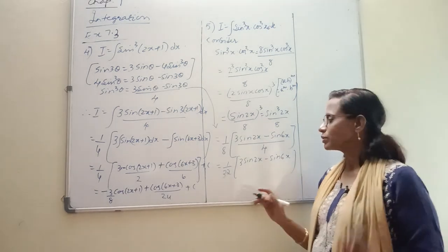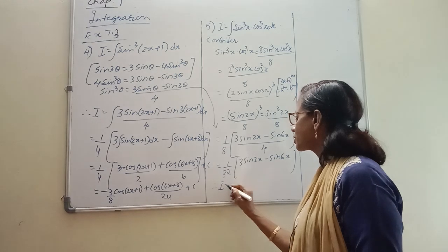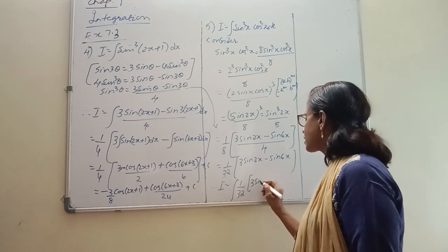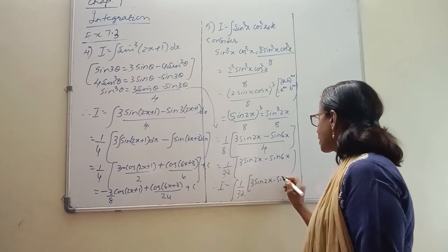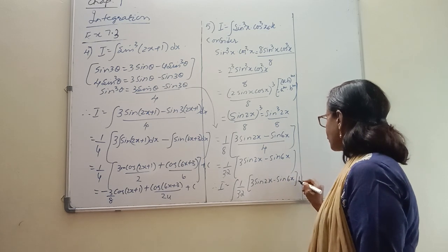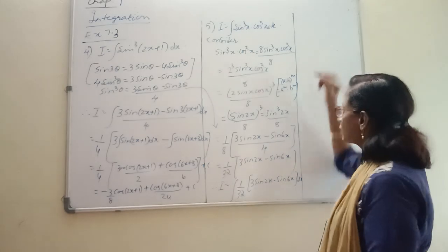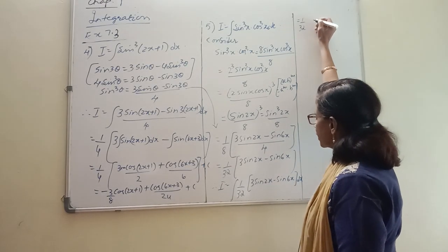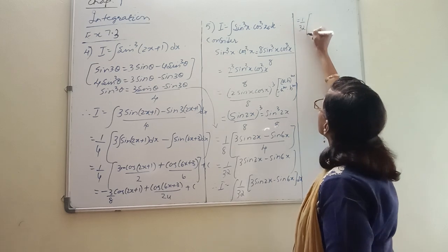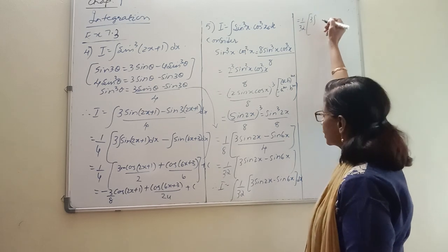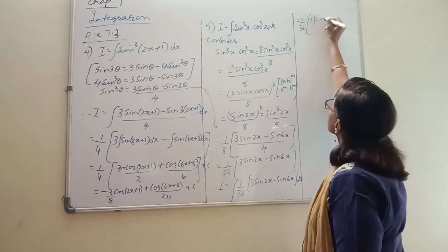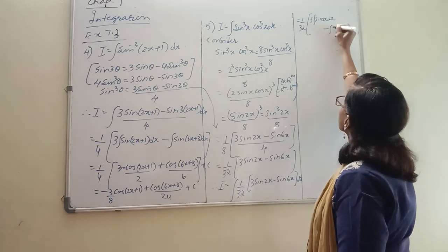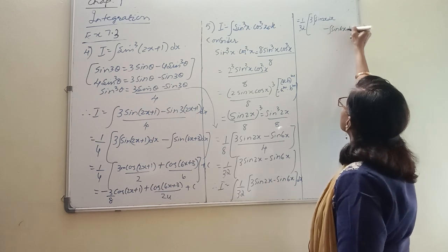Now we can do the integral really fast. I is going to be the integral of 1 over 32 times (3 sine 2x minus sine 6x) dx. Let's take the 1 over 32 outside and get these individual integrals. The first part is 3 times the integral of sine 2x dx, and the second part is the integral of sine 6x dx.